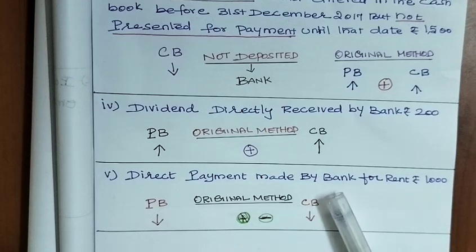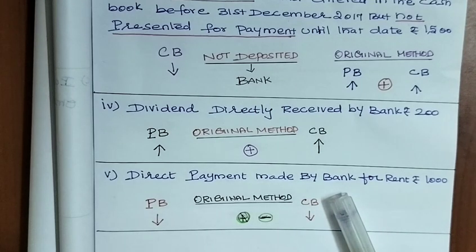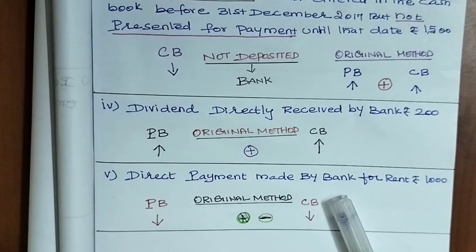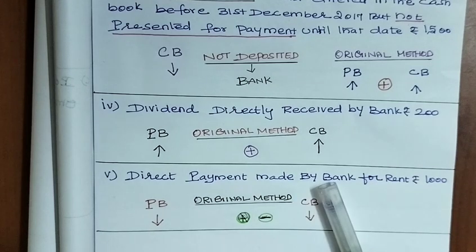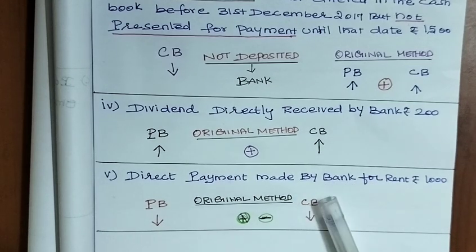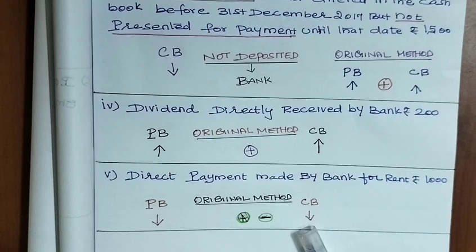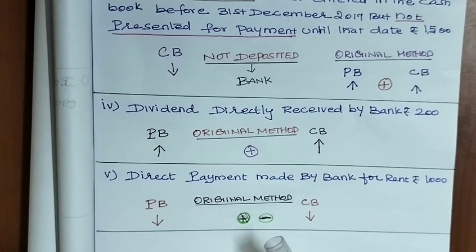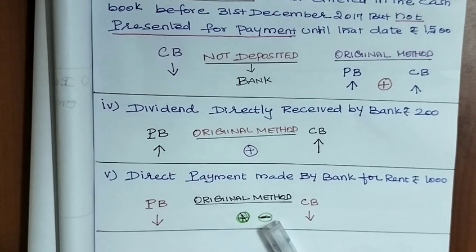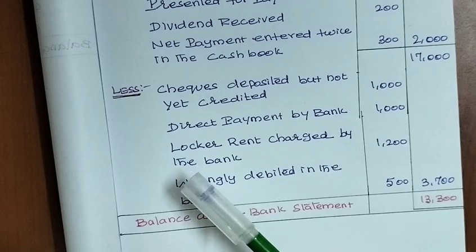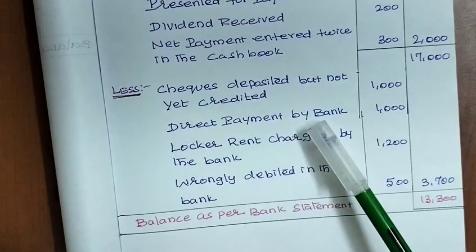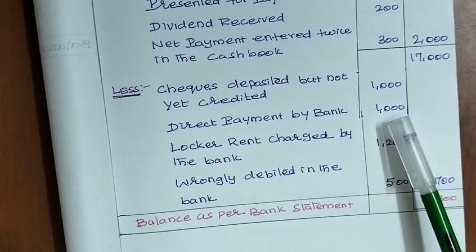After receiving the bank statement only, the customer comes to know the bank made the payment for rent directly. After that, the customer's cash book will be decreased. So this transaction will be subtracted. In the subtracted column, you have to write direct payment by the bank, 1000 rupees.